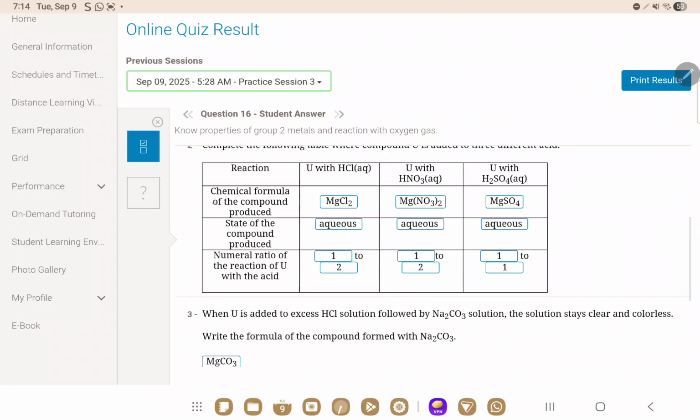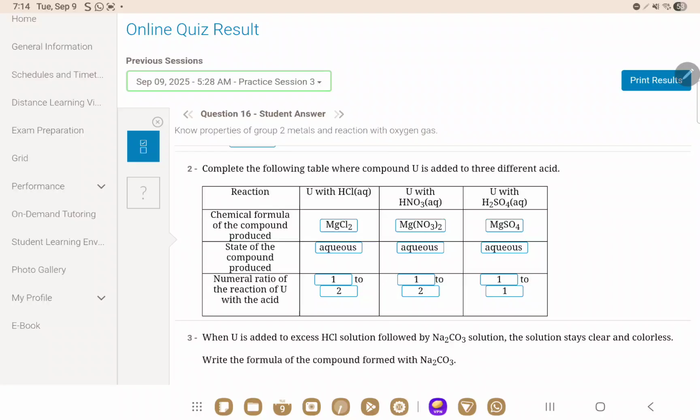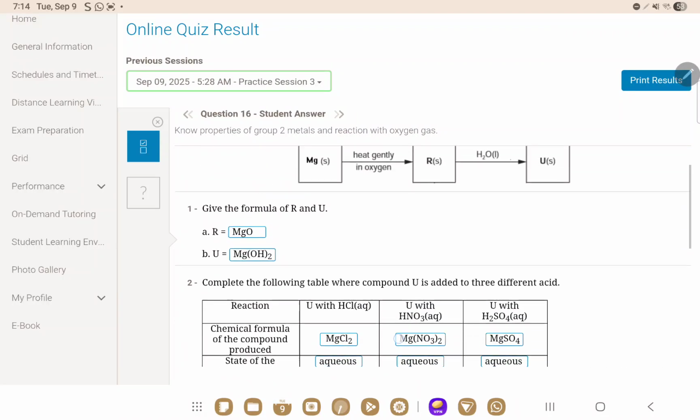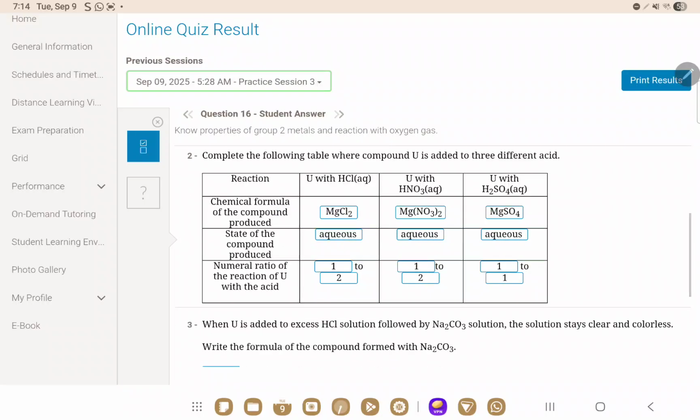Moving on. When you add compound U, which is Mg(OH)2, a base, to HCl, which is an acid, what do you form? MgCl2, right?